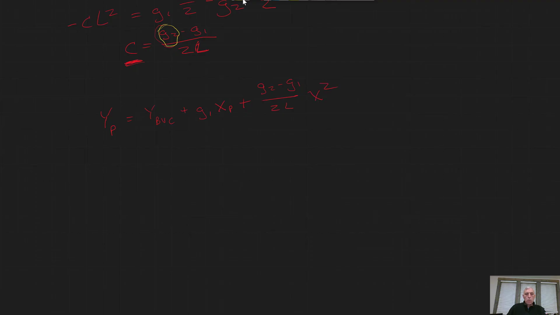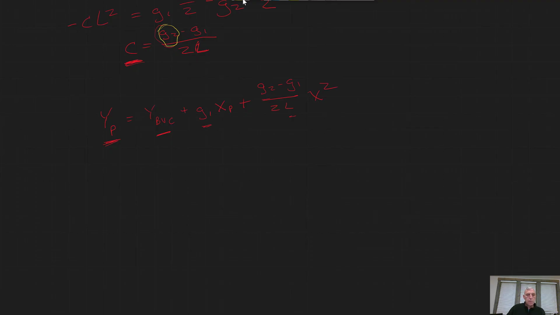So now, to get the elevation of any point, we have all of our known parameters. YBVC, G1, G2, L are all known. So at any horizontal distance, we can get an elevation.